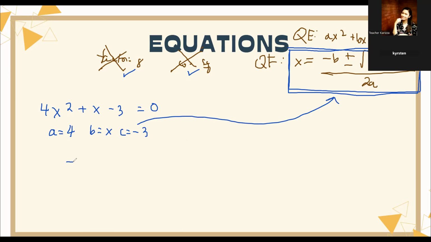You have negative 1 plus minus square root of b squared, which is 1, minus 4ac. 4 times a times c. So it's 16 times negative 3, which is negative 48.